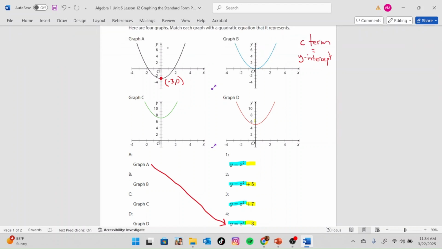Graph B. We see that the y-intercept is right here at the origin, 0, 0. So that means graph B must match up with equation number 1.